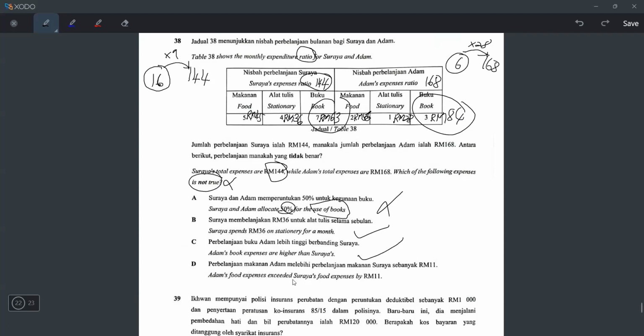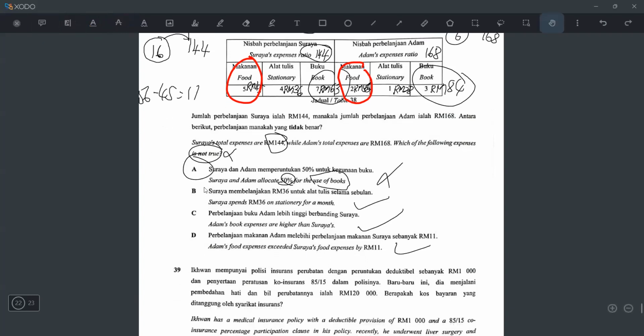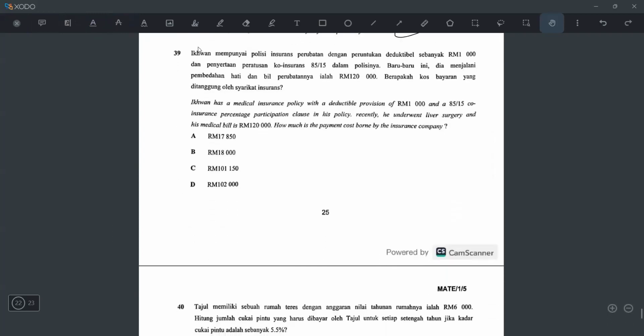Adam's food expenses exceeded Suraya's by 11. Food is 56 and Suraya's food is 45. 56 minus 45 is 11, so this is true also. So the answer is A, because they asked which one is not true, false. So A is the one that is false.